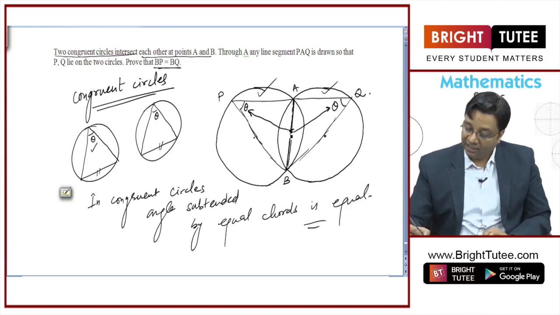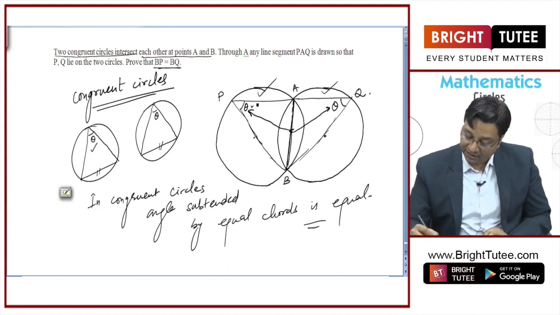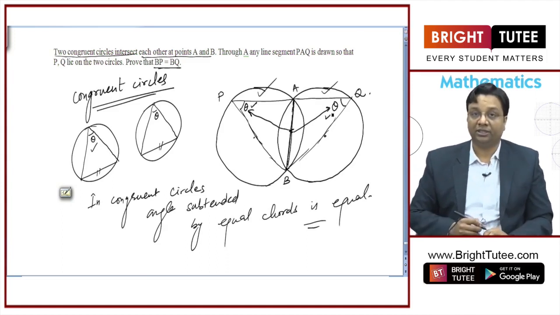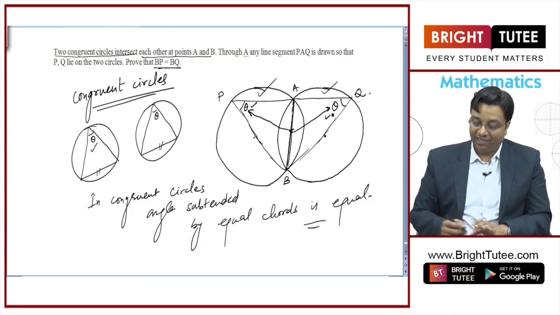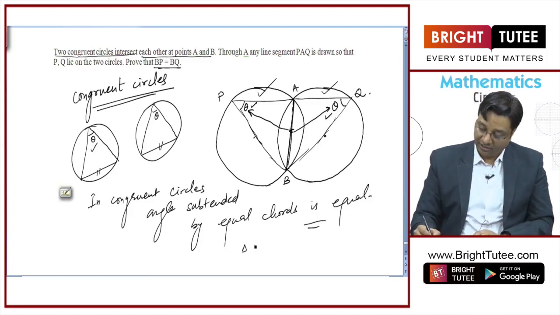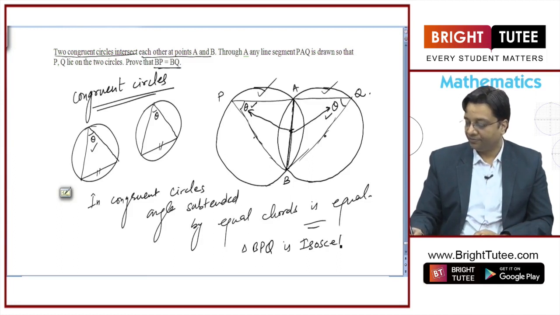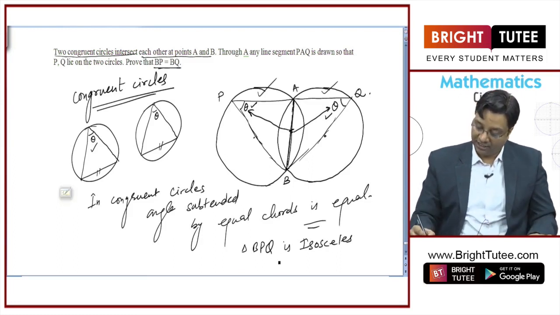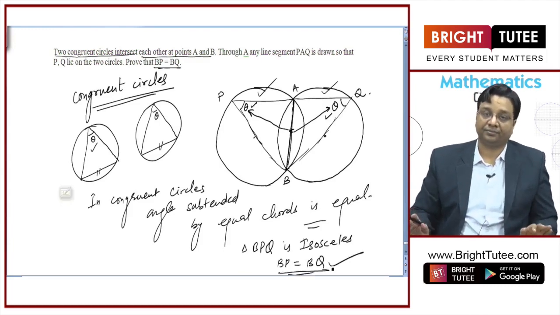Because of this reason I can say that this angle is theta, so this angle will also be theta. Hence it became an isosceles triangle. So triangle BPQ is isosceles with equal sides as BP and BQ, and this is what we had to prove.